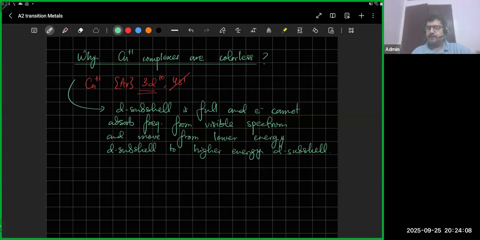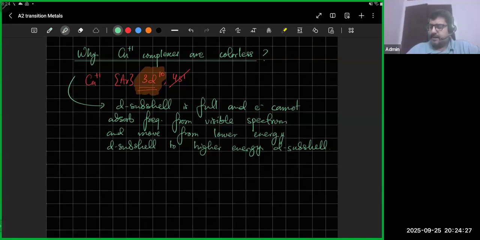Okay, so the d subshell is completely full and electrons cannot jump around. And that's why, इसको highlight कर लेते हैं, copper +1 complexes are colorless.